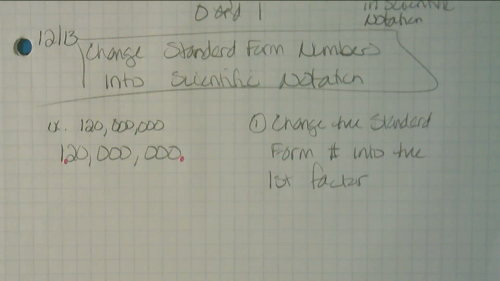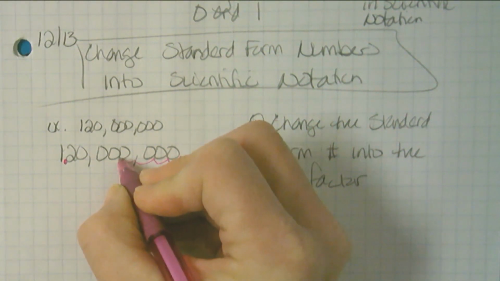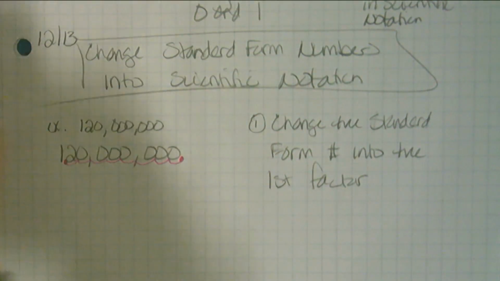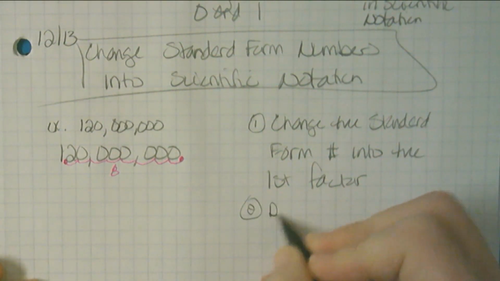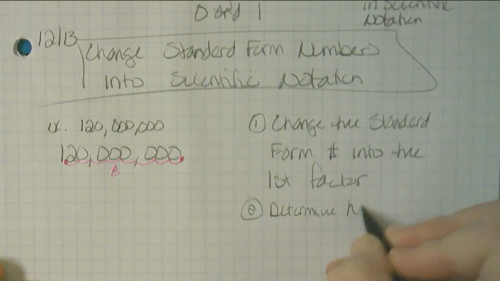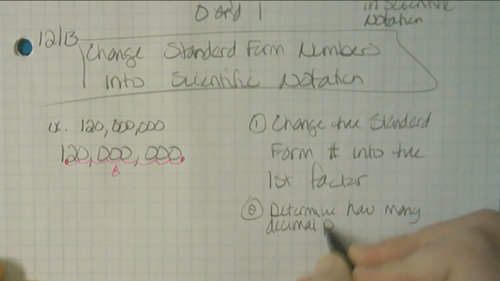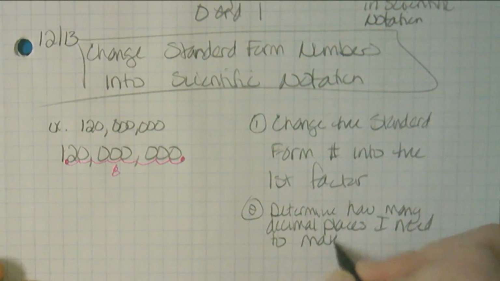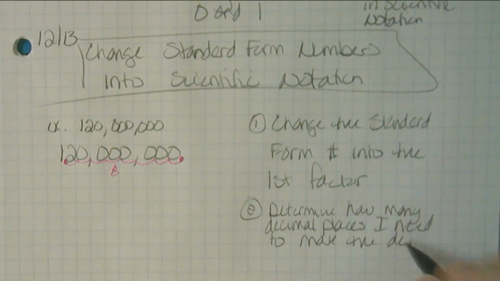Okay. So now what I need to do is figure out how many decimal places I move the decimal. So 1, 2, 3, 4, 5, 6, 7, 8. So I'm just going to write an 8 here so I don't forget what I did. So step 2 is determine how many decimal places I need to move the decimal for the first factor.